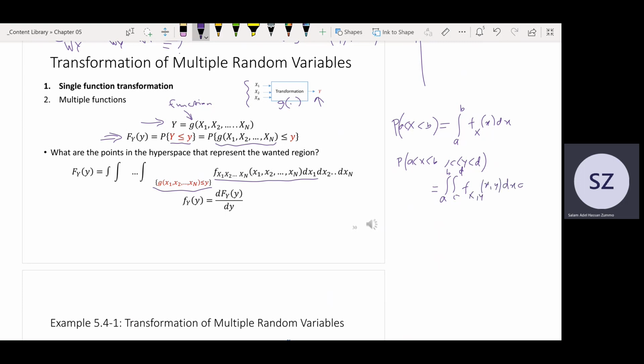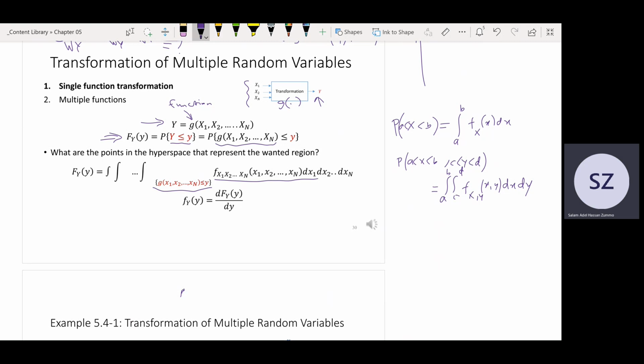Similarly, we do the same thing. However, instead of a region in a line, or a square, or a certain region in a plane, here we have a region in a hyperplane. As we said, we'll focus on two values, but this is the concept.